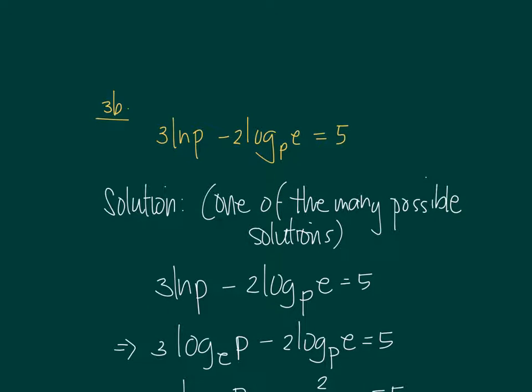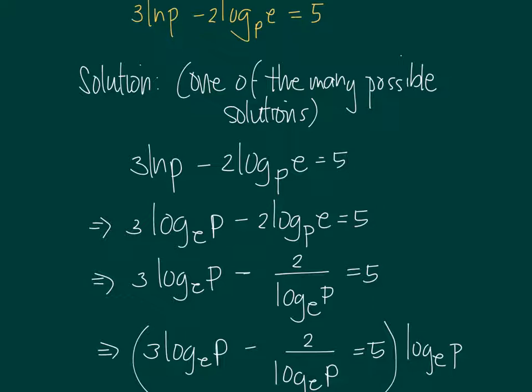So ln simply means log base e. That's why when you look at the first step of the solution, you should see how ln p was changed into log base e of p, because ln means log e. So we have 2 log base p of e plus log base e of p equals 5.